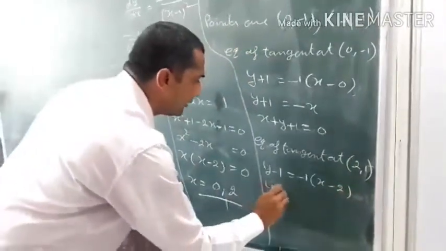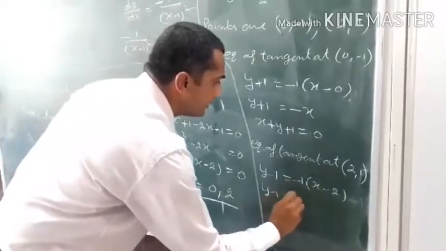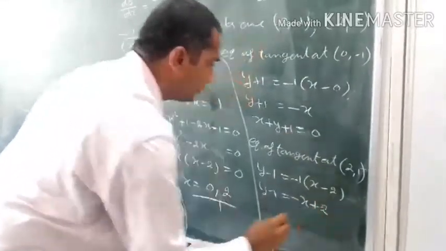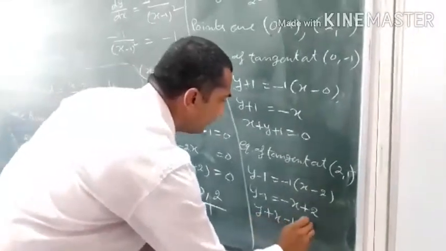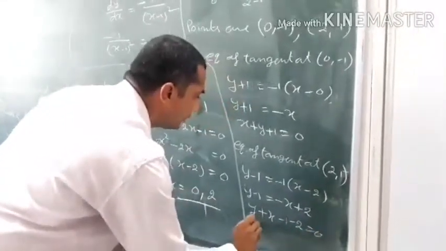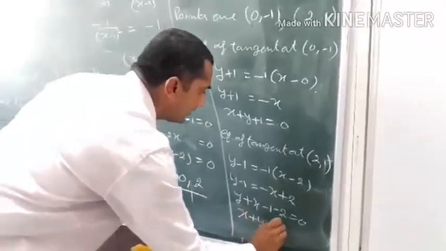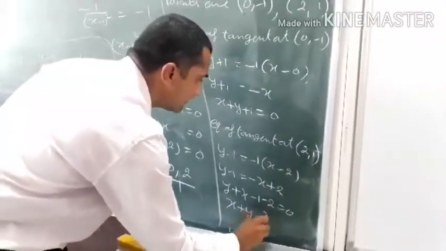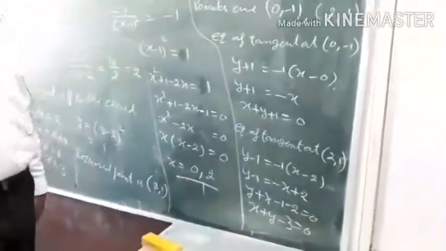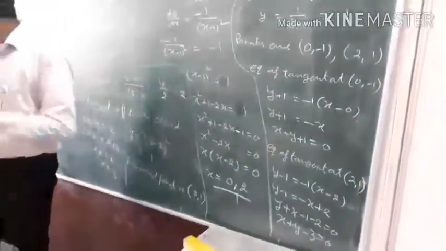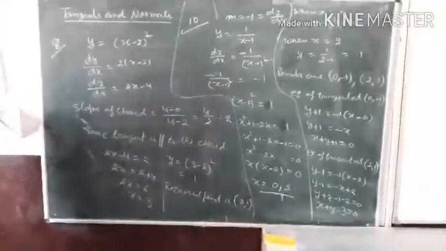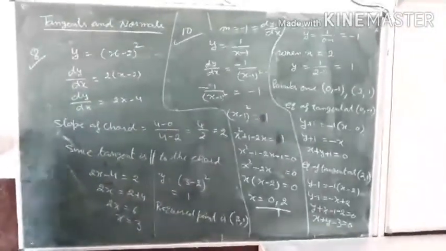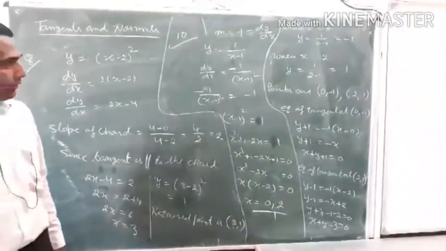It will be y minus 1 is equal to minus x plus 2. y plus x minus 1 minus 2 is equal to 0. So x plus y minus 3 is equal to 0. So next, questions number 11 and 12 are the same. You will do them yourself.